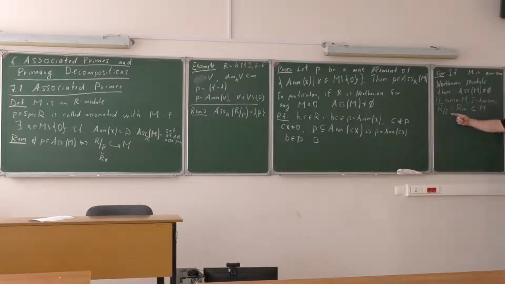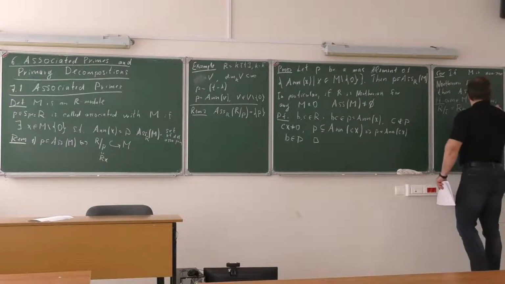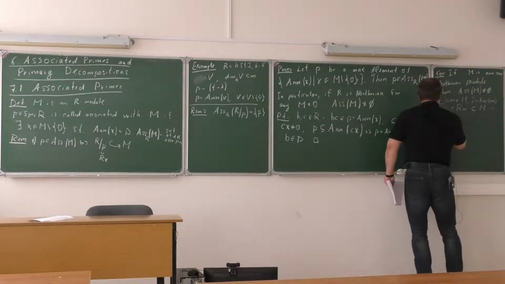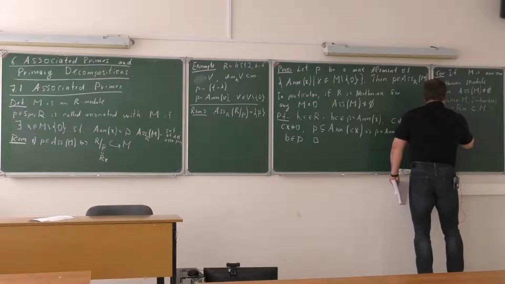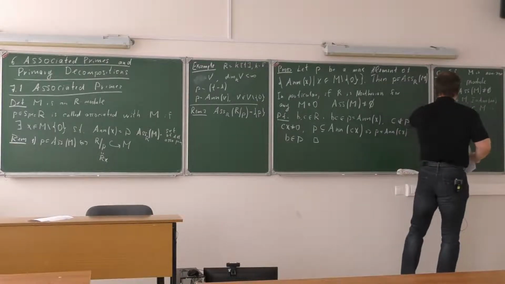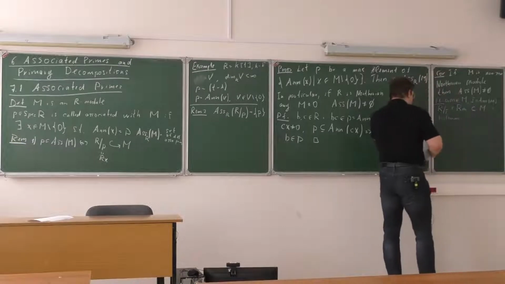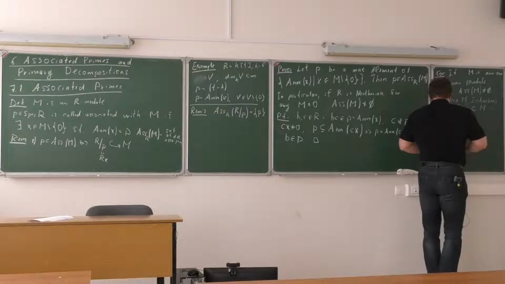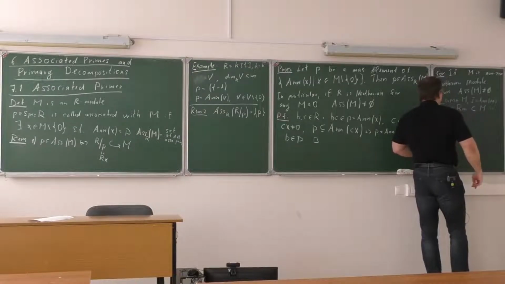So the conclusion is that this quotient is necessarily Noetherian. So R modulo I is a Noetherian module, and of course this means that it's a Noetherian ring, because the ring is Noetherian if it is Noetherian as a module. Okay, so we have a Noetherian ring.